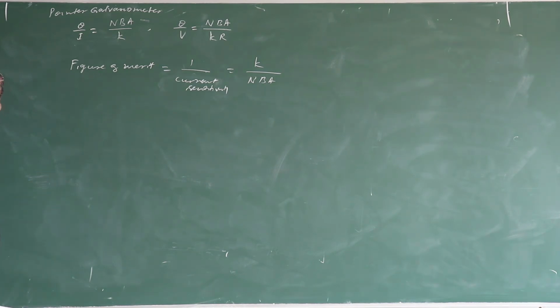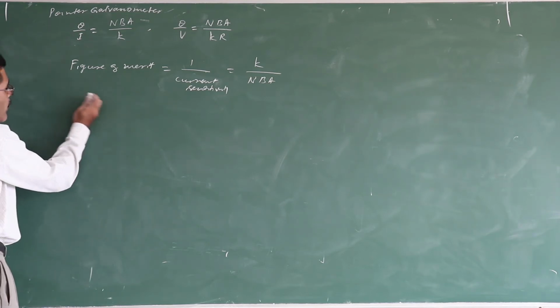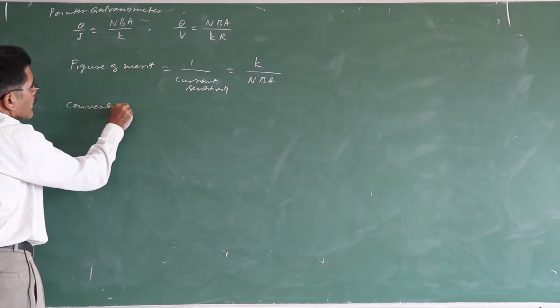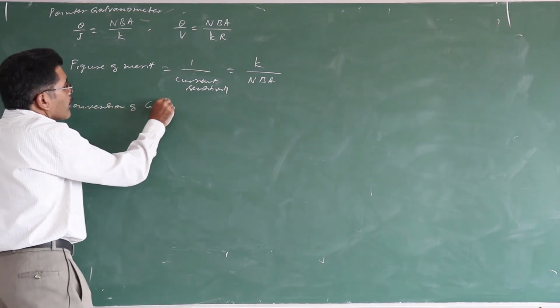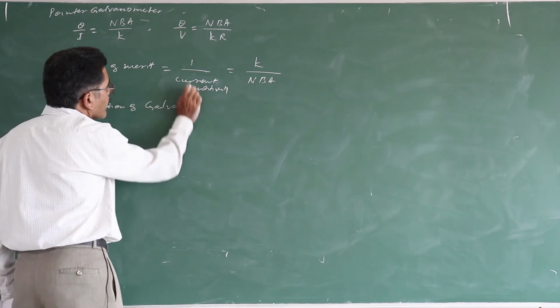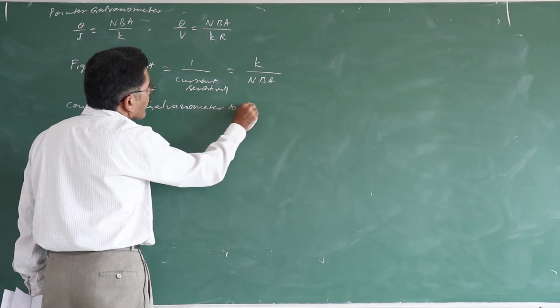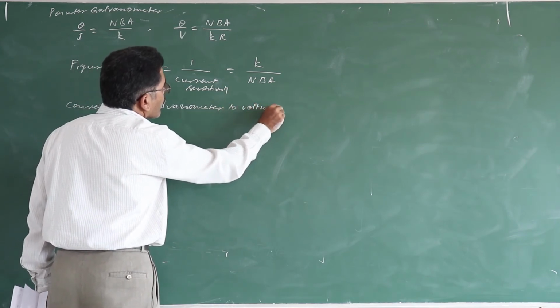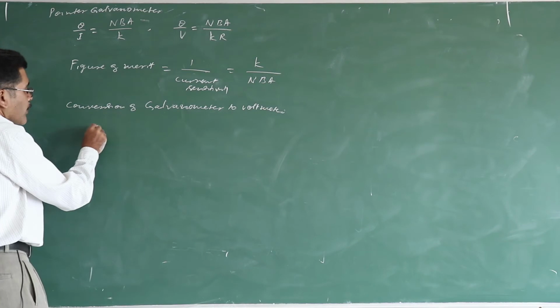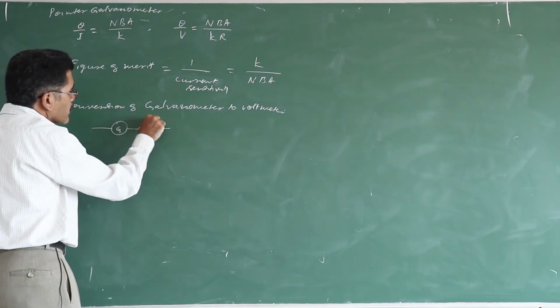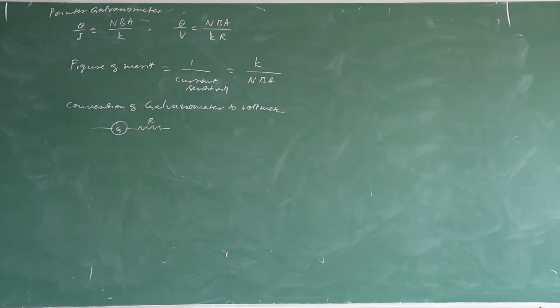And then, conversion of galvanometer to voltmeter. You have to connect a very high resistance in series. This is the voltmeter.